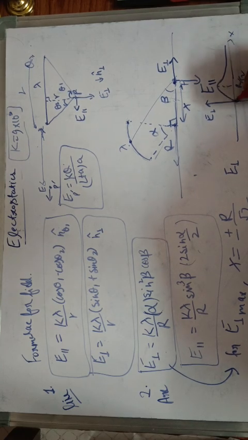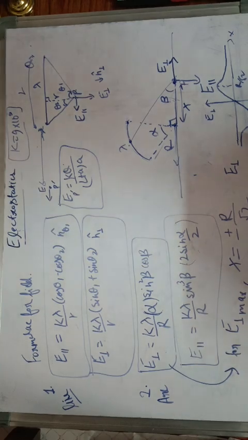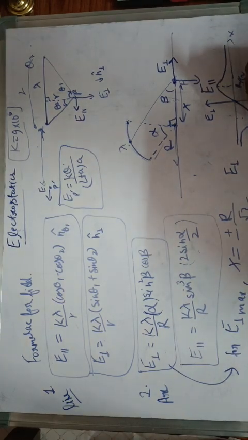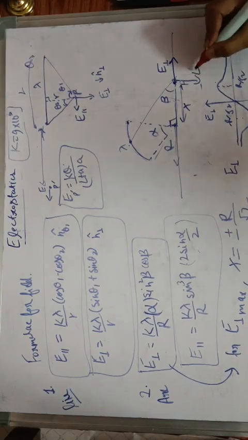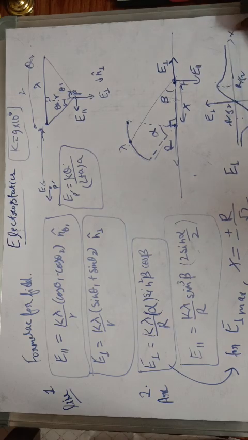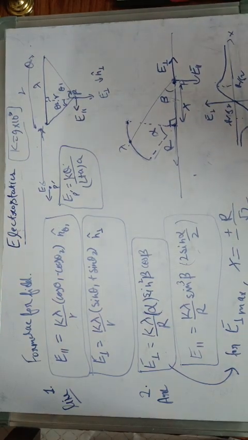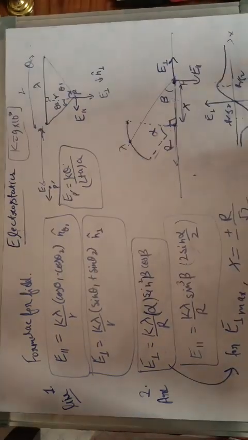Then in the opposite direction, the field direction changes, becomes max, and then like this, the field value is max again at minus r by root 2. So this was the graph for E perpendicular with x-axis, and these are some important points here.